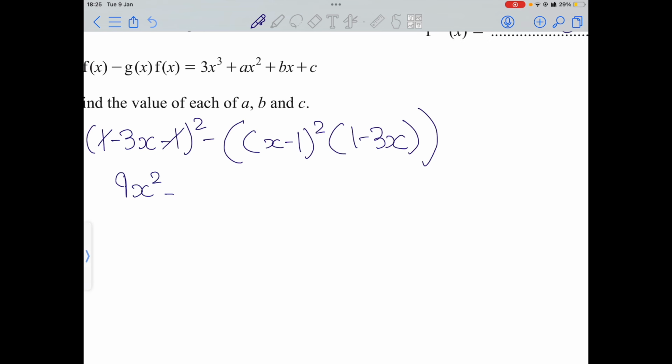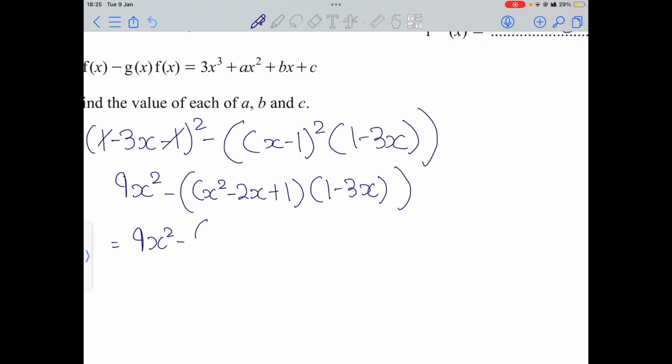Minus, now this one we have to do the internal one first. So (x minus 1) squared will be x squared minus 2x plus 1, times 1 minus 3x. Alright, now this will equal 9x squared minus x squared into 1 is x squared, x squared into negative 3 is negative 3x cubed, negative 2x plus 6x squared.